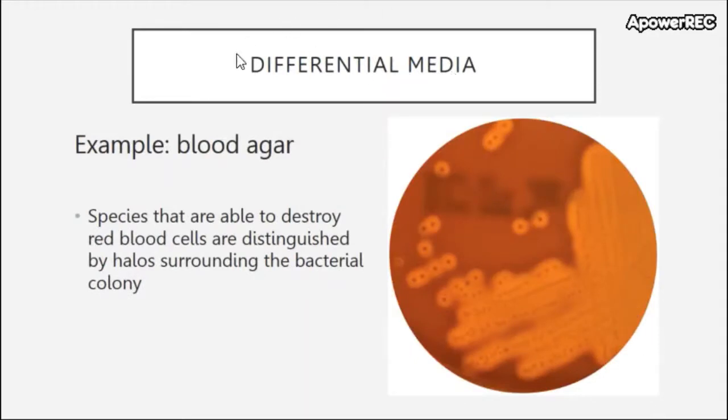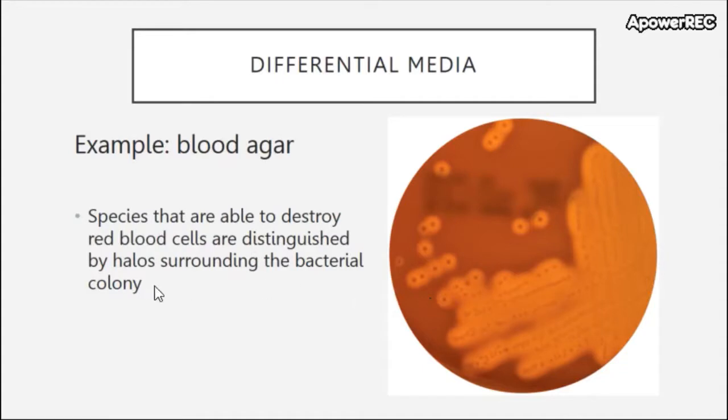This is an example of a differential media. This example is called blood agar. So this actually has blood as one of the components, so you can guess that this is a complex media. And species that are able to destroy these red blood cells cause those red blood cells to lyse open, and that changes the color of those red blood cells.